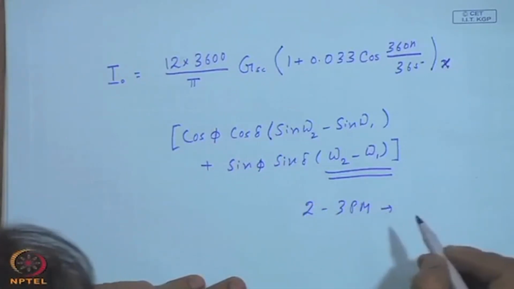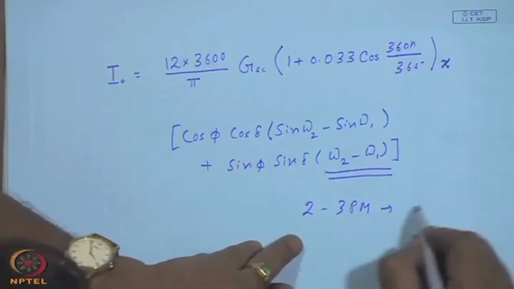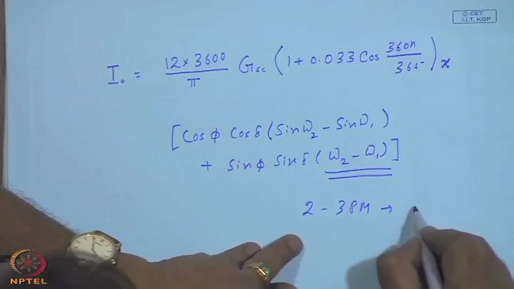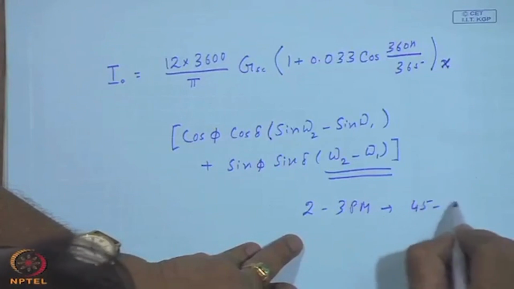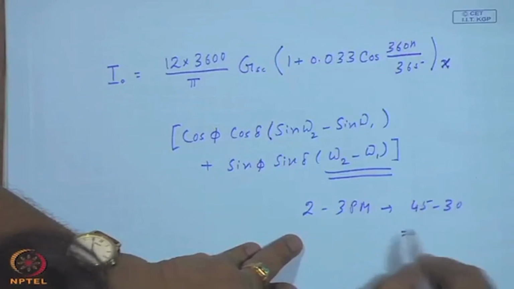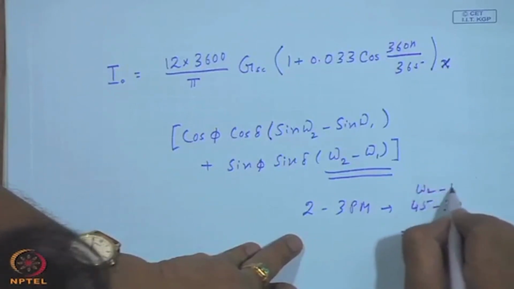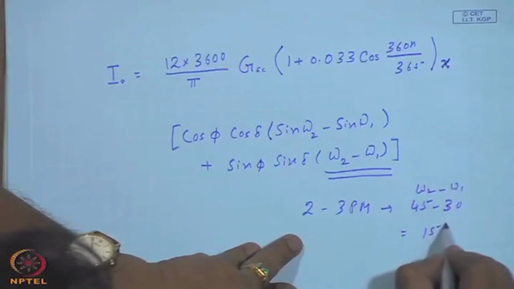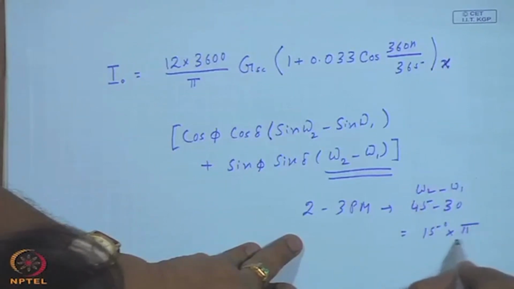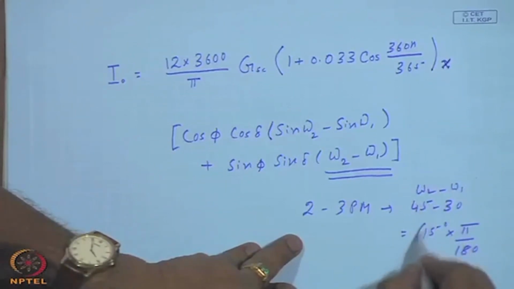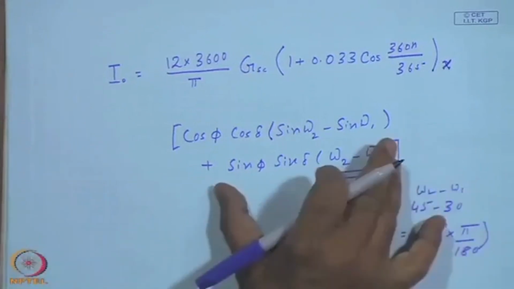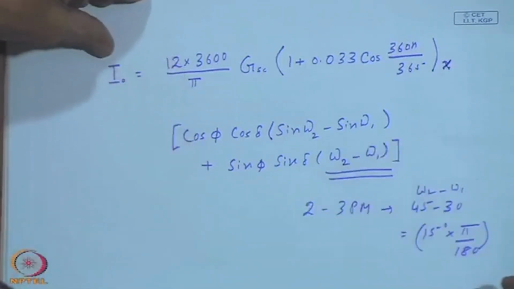Then this will be how many? Omega 2 will be 45 minus 30, 15 degrees, but then I have to multiply by pi by 180. Otherwise, you will get too large a number here. Okay.